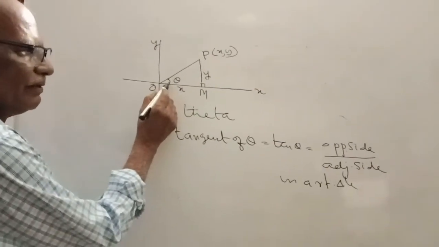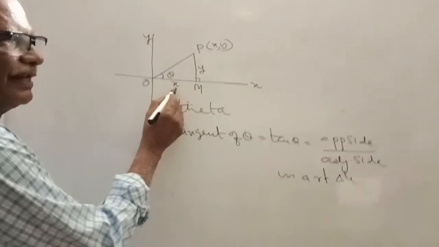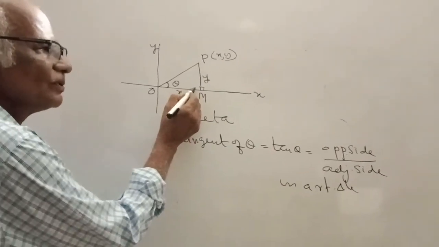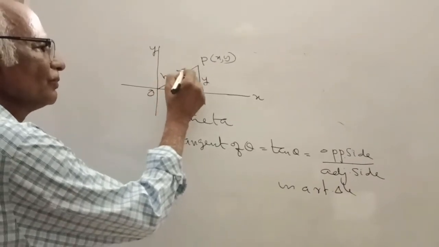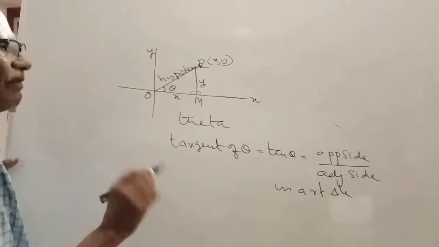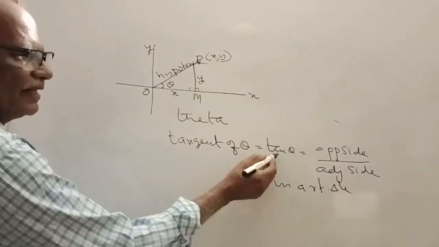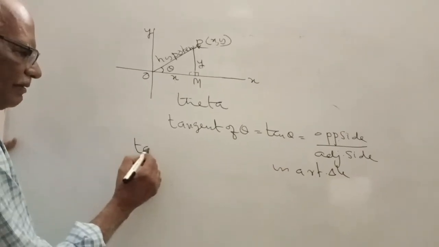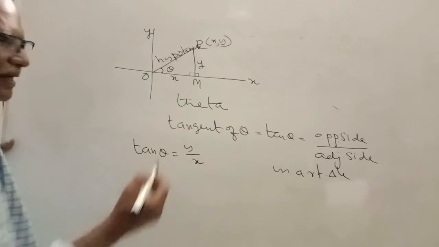Theta is here. This is the opposite side. This is the adjacent side. Now the side opposite to the right angle is called the hypotenuse. So we require opposite side by adjacent side for tan theta. So here tan theta is y divided by x.